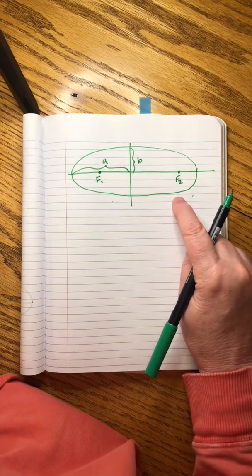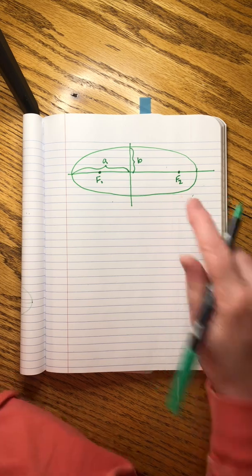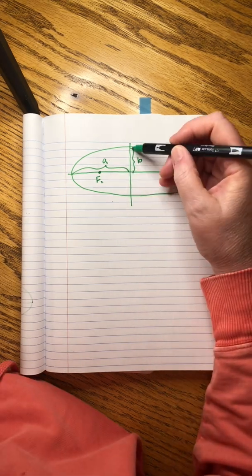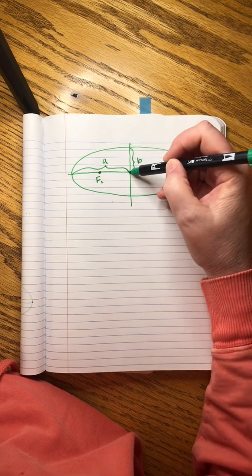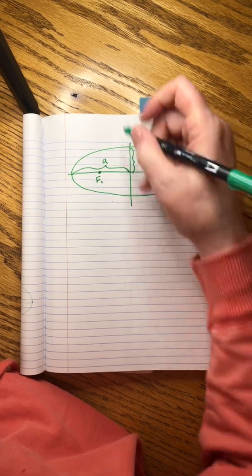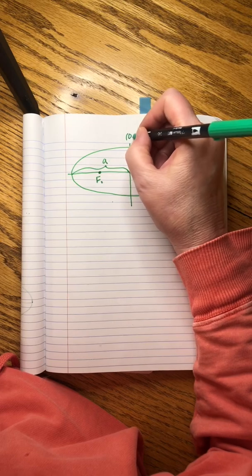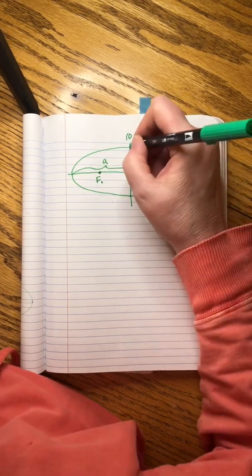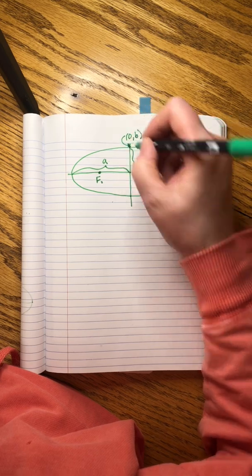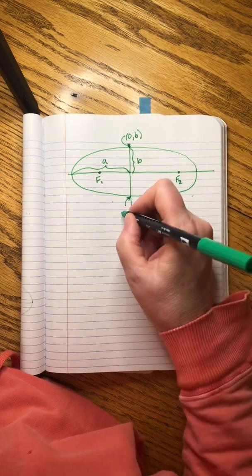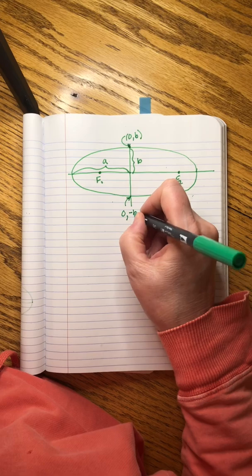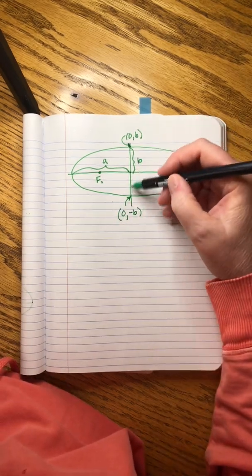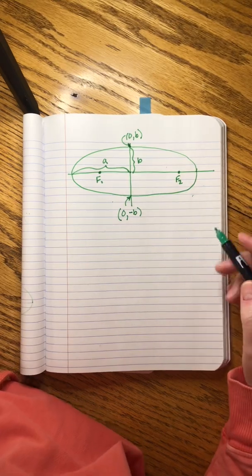Okay. And so, if this length, and we're assuming this is oriented at the origin, this point would be 0, b, and this point down here would be 0, negative b. Makes sense? Because b is this distance, and it's the same on either side.